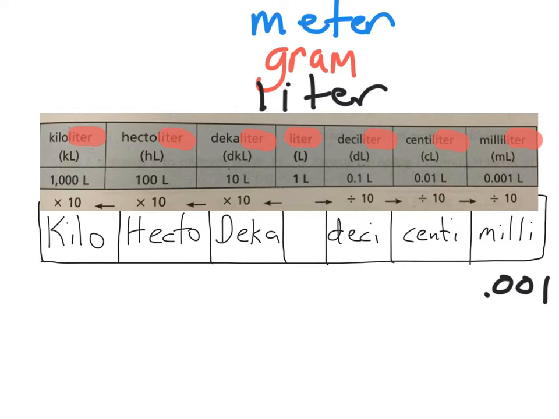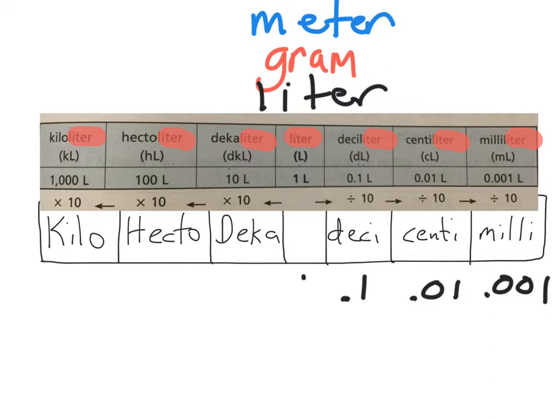A centiliter is 10 milliliters. So to multiply times 10 to get 1 centiliter, it takes 10 milliliters to make 1 centiliter. And to write 1 centiliter in decimal form is 0.01. To write 1 deciliter in decimal form, that's 1/10. See how place value is kind of following us here?